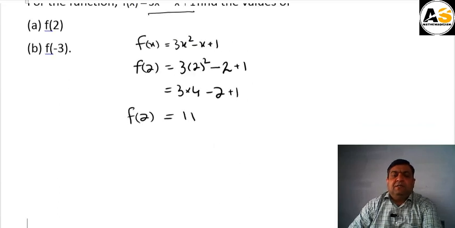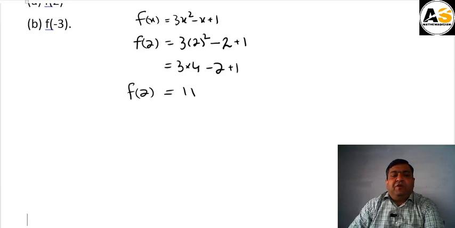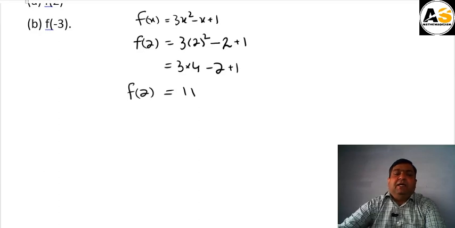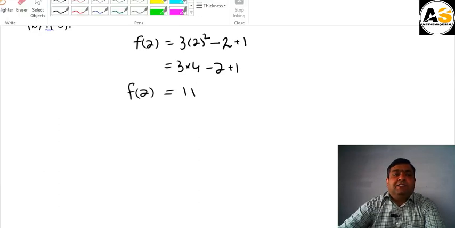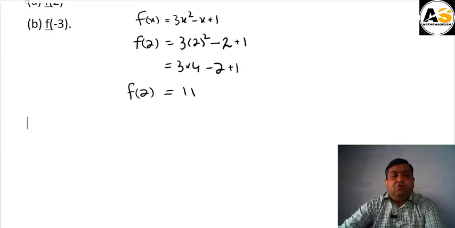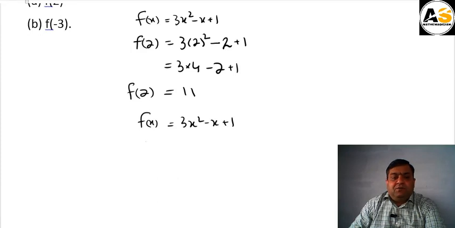This is our answer. In the second part, we have to find the value of f of x at x is equal to minus 3. f of minus 3. What is f of x? f of x is equal to 3x square minus x plus 1. So f of minus 3 will be 3 multiplied by the square of minus 3 minus minus 3 plus 1.